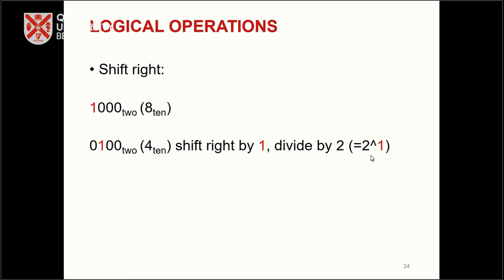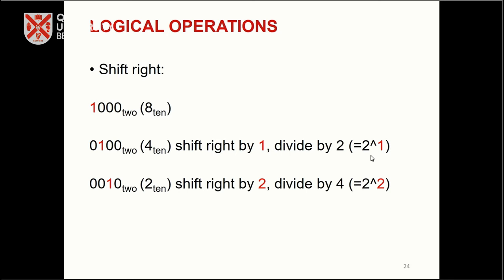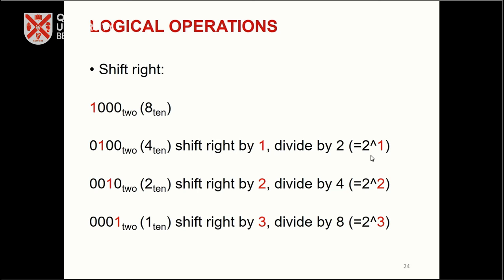What we are doing is dividing by 2. If we shift right by 2 positions, we divide by 4. So the original number, which was 8, divided by 4, is 2. And again, if we shift right by 3, we are dividing the original number by 8, so we have 1. Clear?